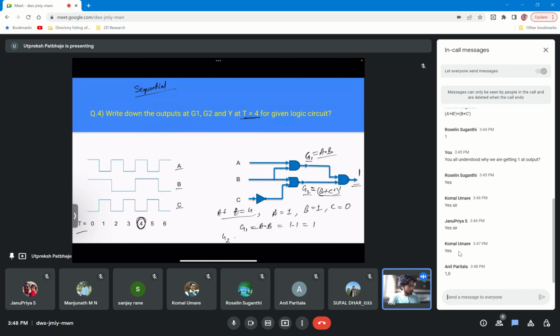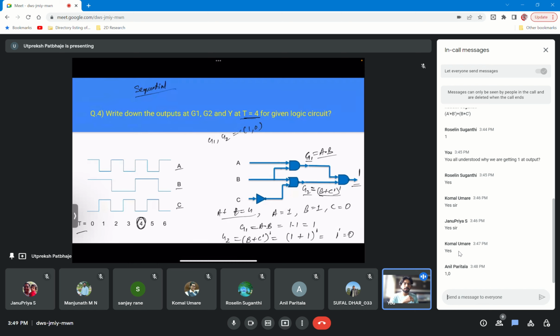Then G2 is B plus C complemented, whole complemented. B is 1, C is 0, so C complement is 1. 1 plus 1 is 1, and the complement of 1 is 0. So for G1, G2, this will be 1 and 0.